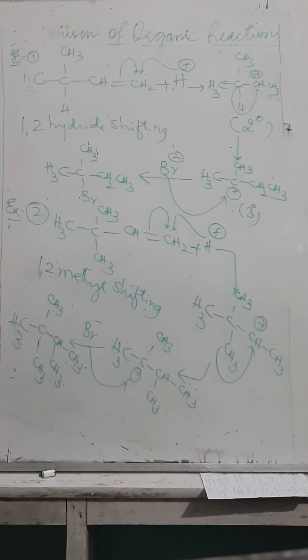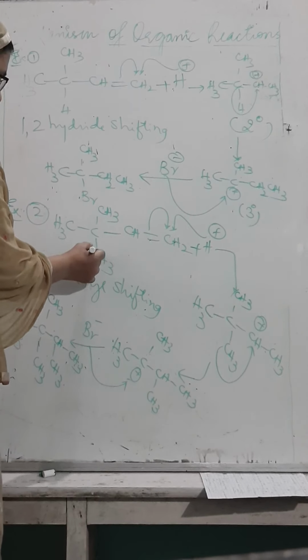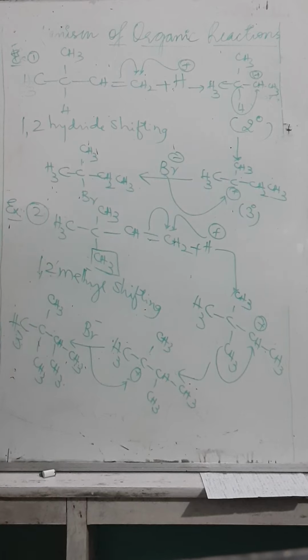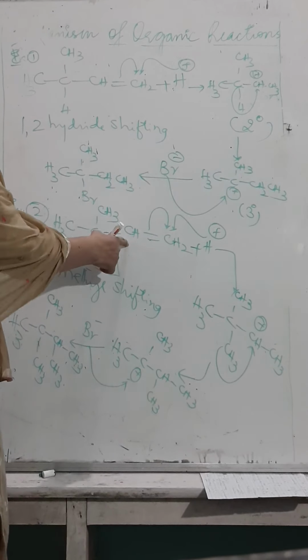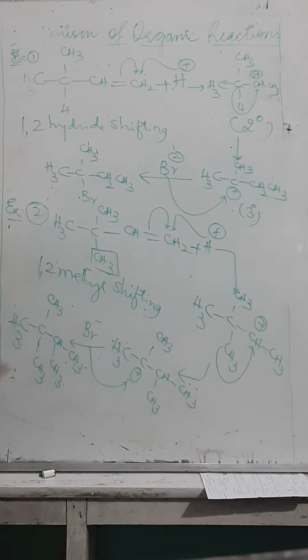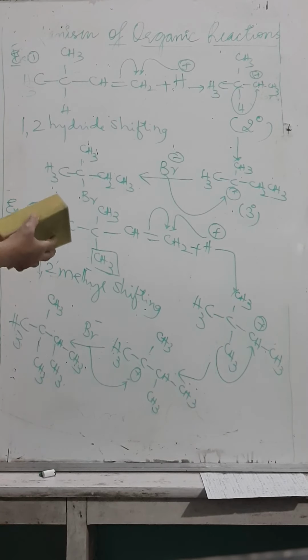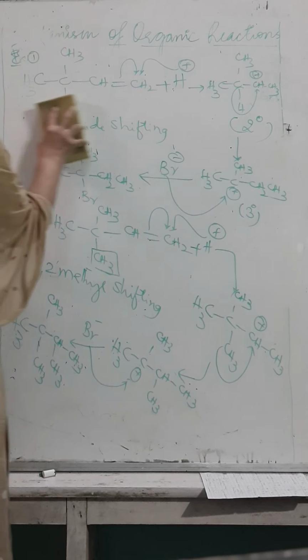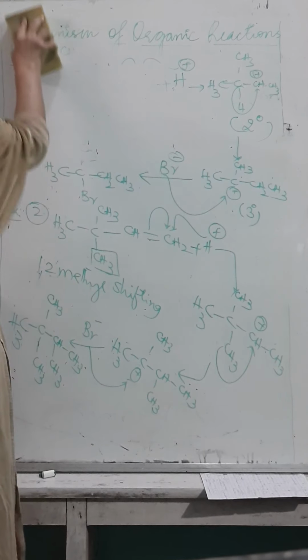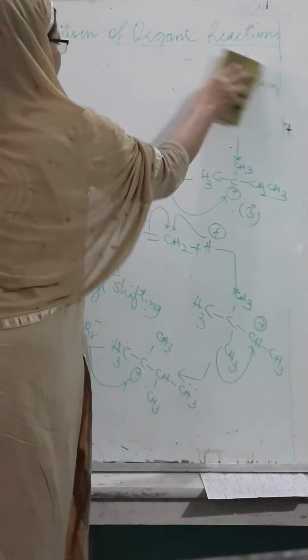Children, I will give you one assignment. Instead of a methyl group, take a phenyl group. Practice it; it is called 1,2 phenyl shifting. Now you may think: instead of hydrogen bromide, if we take a complete halogen, a dihalide, that example we will also see.